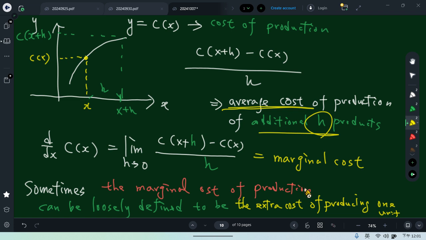So that will become delta C over delta X, which is C of X plus 1 minus C of X, over 1. Because delta X cannot be less than 1, because it must always be an integer, right?